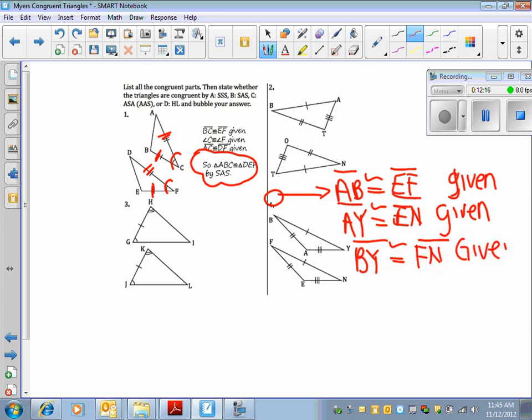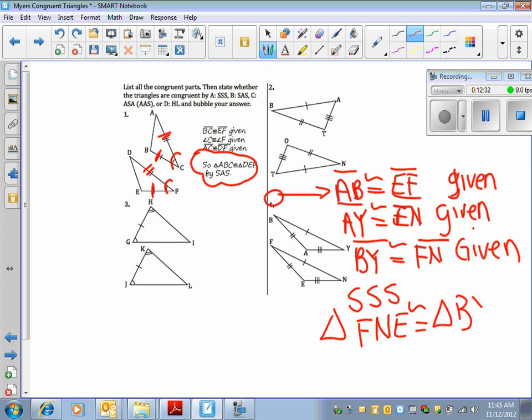Wow. Why given. Folks, we got a side, side, side. These triangles are congruent because of side, side, side. Triangle LNE is congruent to triangle BYA. That concludes the review of all 5 of the triangles.